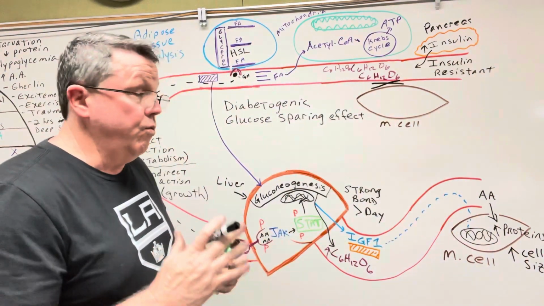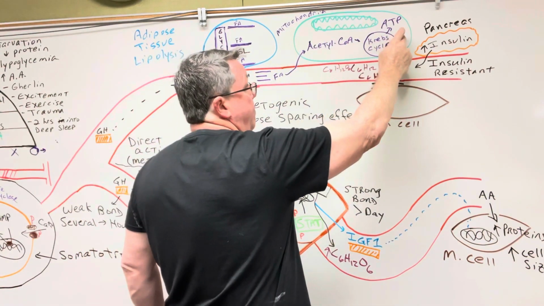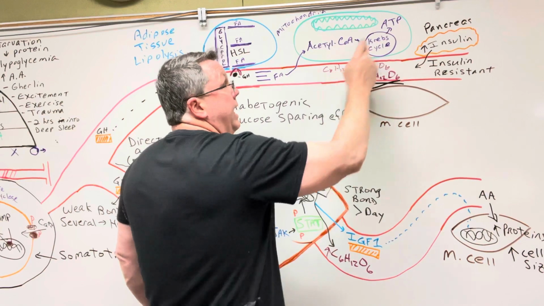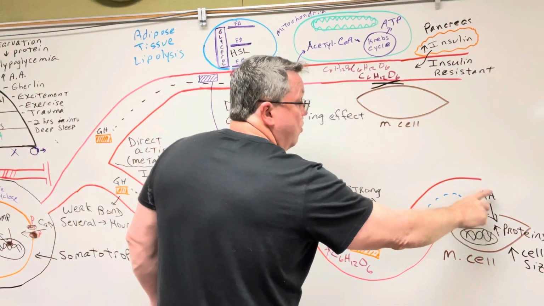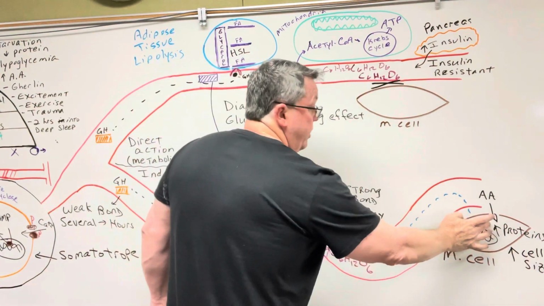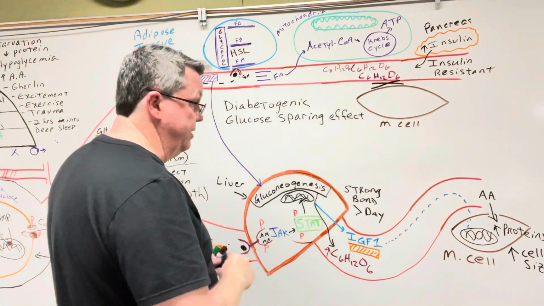Let's take a look at this real quick now. We are breaking down fatty acids to make ATP. We are not using glucose to make ATP because we're doing the fatty acids. But we're also taking amino acids and we're increasing the amount of protein. So really short, we're increasing the amount of protein and decreasing the amount of fatty acids, right?